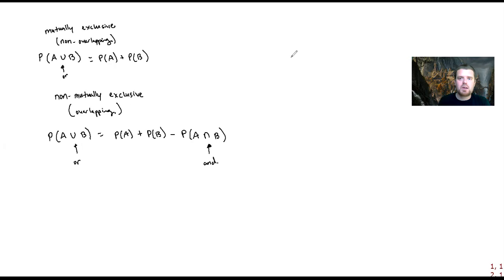Let's say we take something like rolling a single die, and let's say I ask you for the probability of rolling a 1 or a 4. Now, you don't have to write out the sample space, but we know from the 8.1 and 8.2 assignments that a die, you could have 1, 2, 3, 4, 5, or 6.